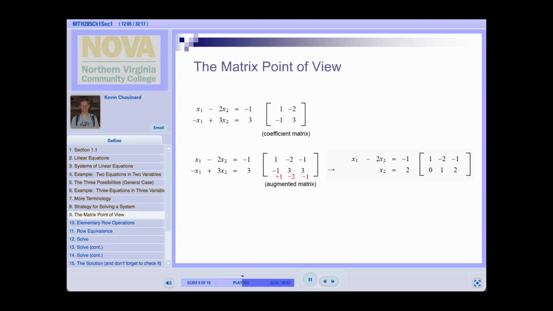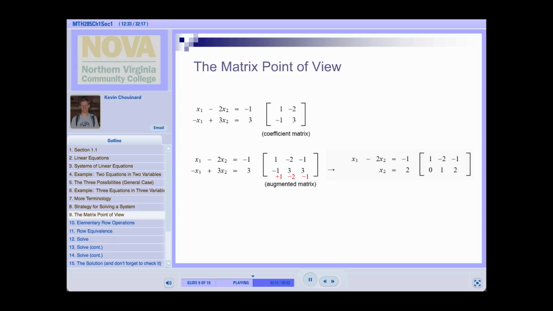You can see that my new augmented matrix is exactly the augmented matrix that we would have created for that intermediate system of equations that we worked with in the last slide. After we added the first equation to the second one, we ended up with a new second line of x sub 2 equals 2, and that's a perfect match for the new second row of our augmented matrix.